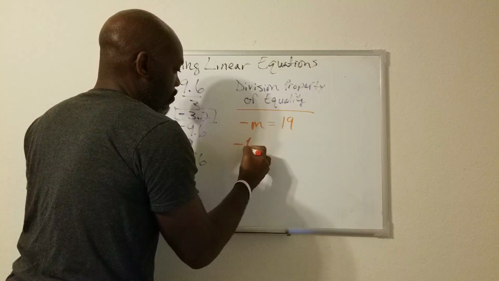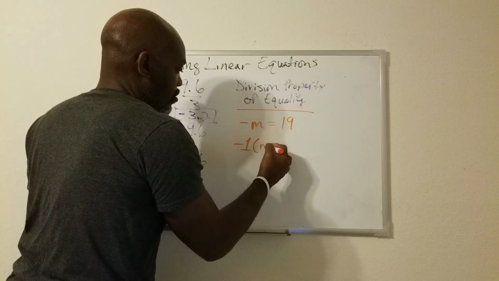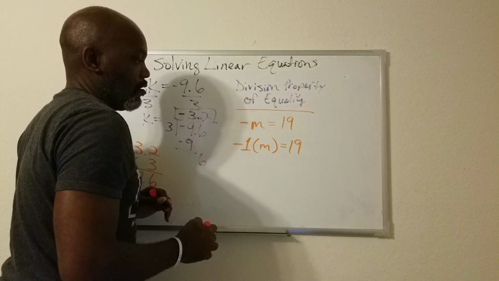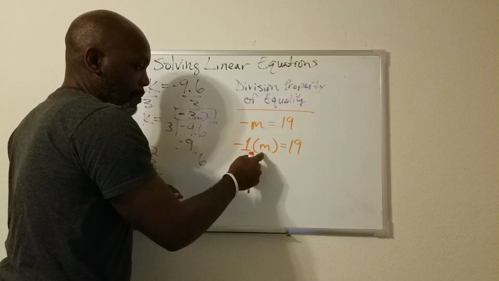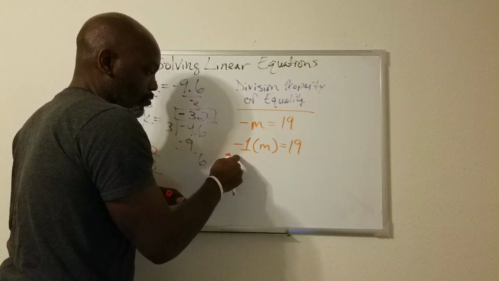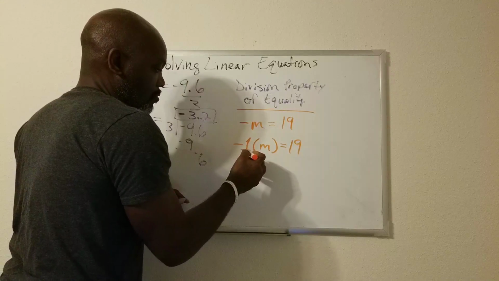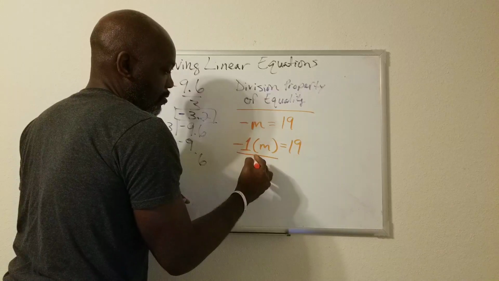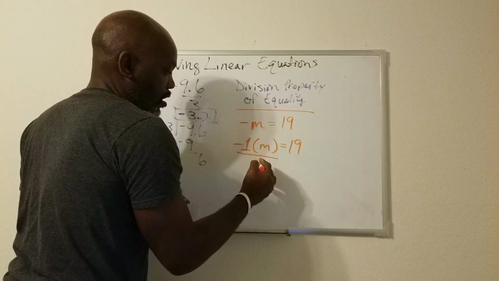There's negative 1 times something equals 19. Okay, so we want to get this m by itself. So we're going to do the reciprocal of this, so we can multiply by negative 1 or divide by 1 over negative 1.